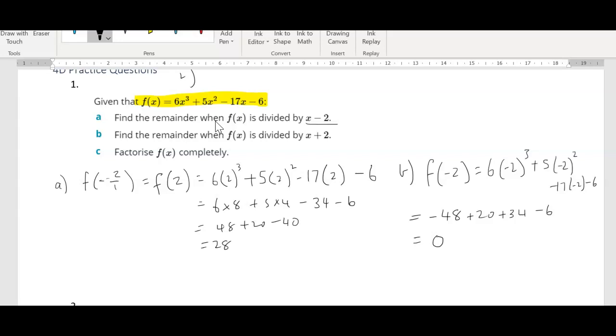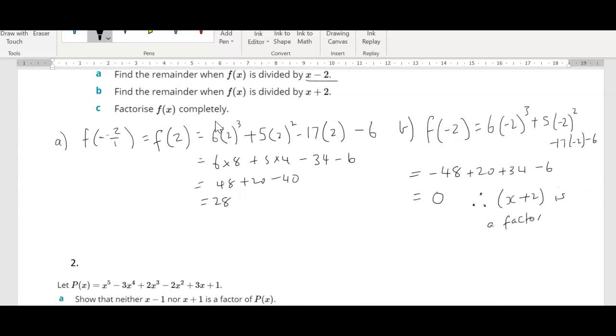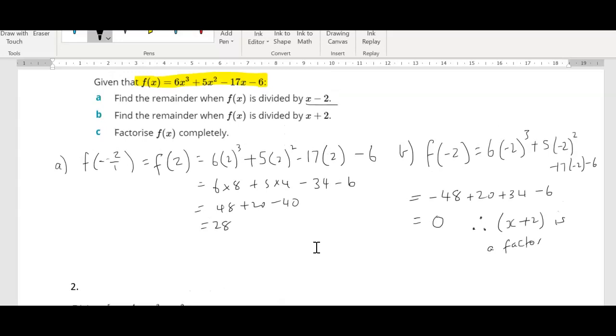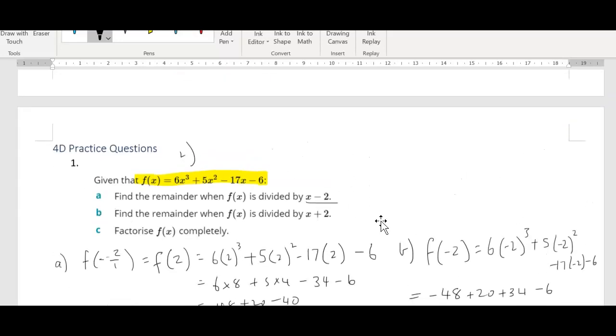Now we don't have to do this for question B, but this means therefore that x plus 2 is a factor, and x minus 2 is not a factor because it didn't equal 0, it equaled 28. So what we need to do, and I don't have much room here, is factorize f of x completely. I wonder if I've got some space up the top.